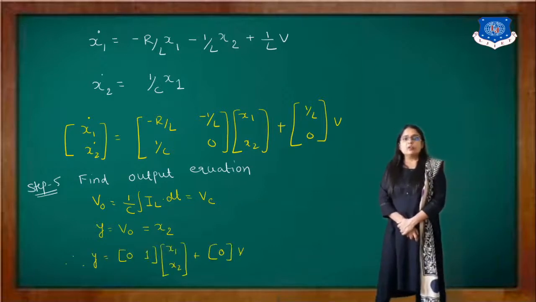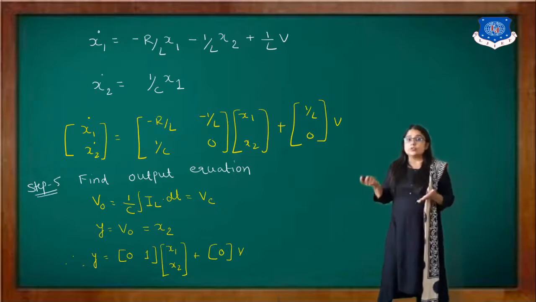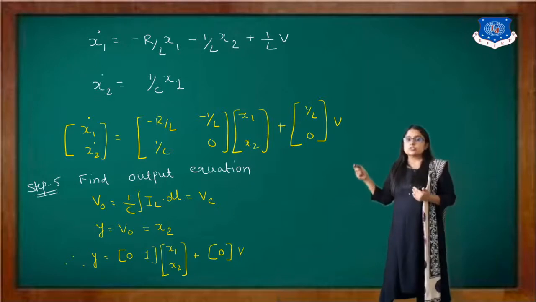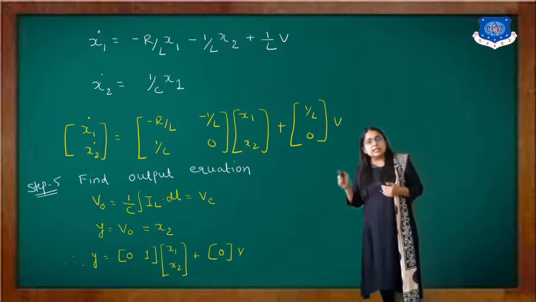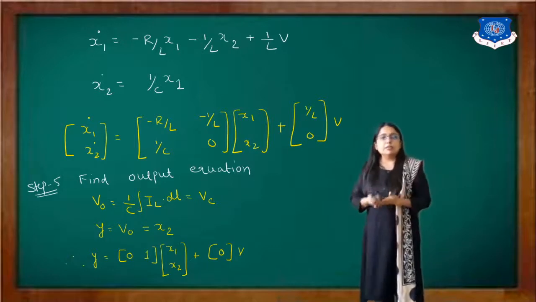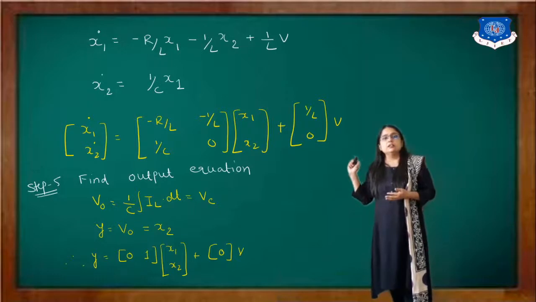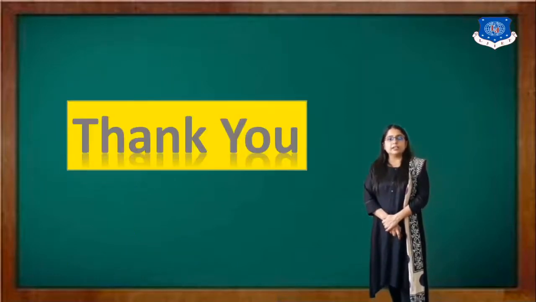So we can write Y equals 0, 1 times x1, x2, because we do not have any x1 term, so 0 plus x2, then 0 into V. So these are known as the state equations, or mathematical modeling, for the series RLC circuit. I hope this session is clear. Thank you.